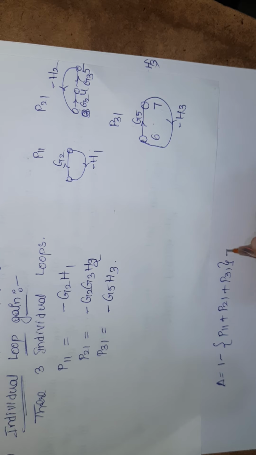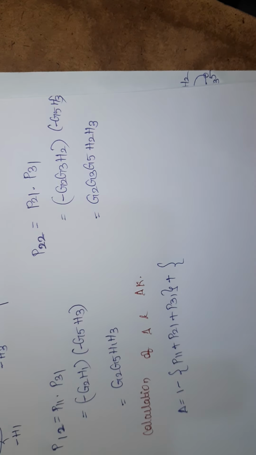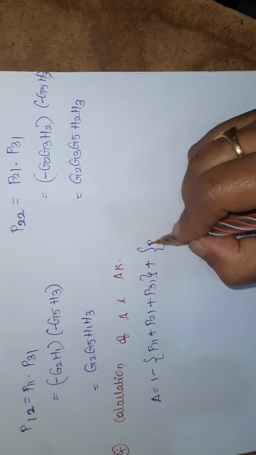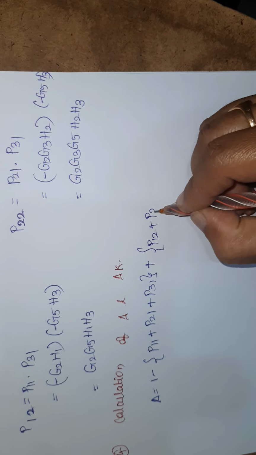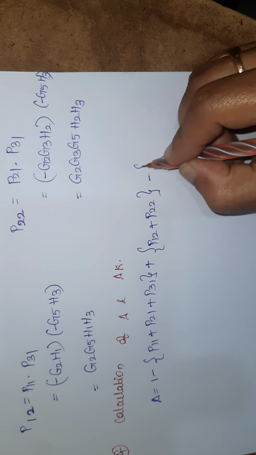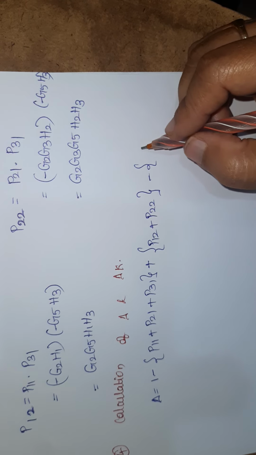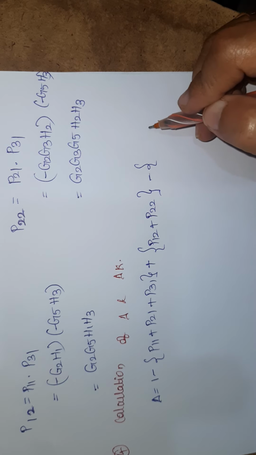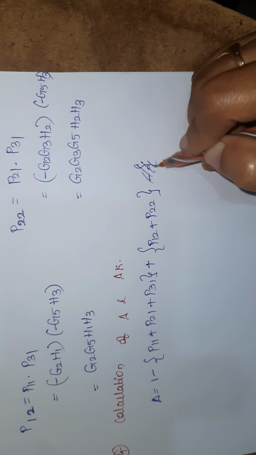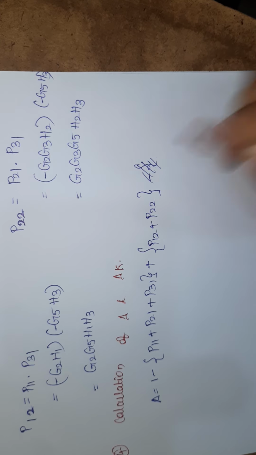Next formula, plus sum of gain products of all possible combinations of two non-touching loops. So I am having P12, P22. Next, minus sum of products of all possible combinations of three non-touching loops. I am not having any three non-touching loops. So up to here, the formula will end.